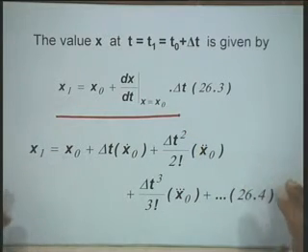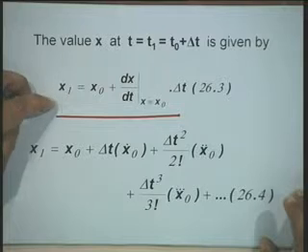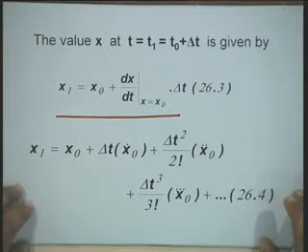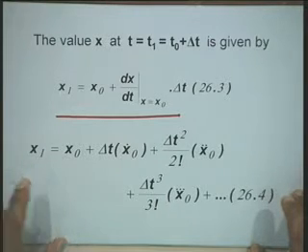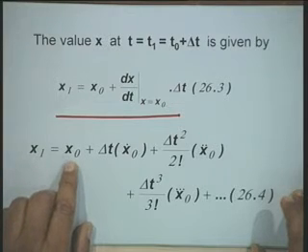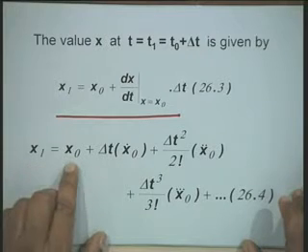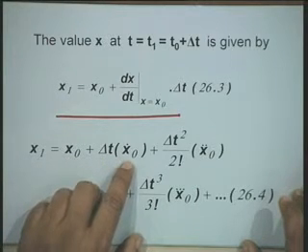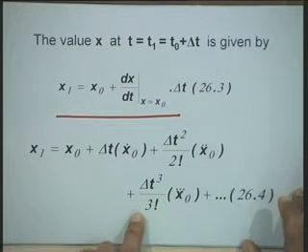Now, this Euler method can be considered to be a first order method. That is, suppose you expand this function around the initial value x naught using Taylor series expansion, then the Taylor series expansion will give you x1 equal to x naught plus delta t into x naught dot plus delta t square by factorial 2 into x naught double dot and so on.